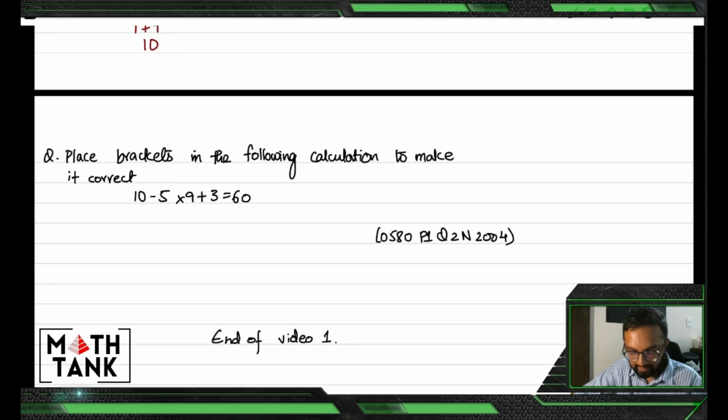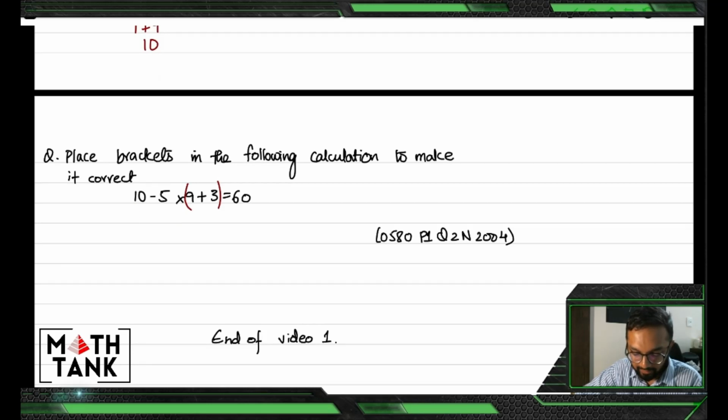I have a feeling there are going to be two sets of brackets that we'll have to incorporate into this in order to get our final answer. See, if I put a bracket here as well, what I get is 10 minus 5 into 12. Now 5 into 12 gives me 60, but that gets subtracted. So this minus sign is a problem.